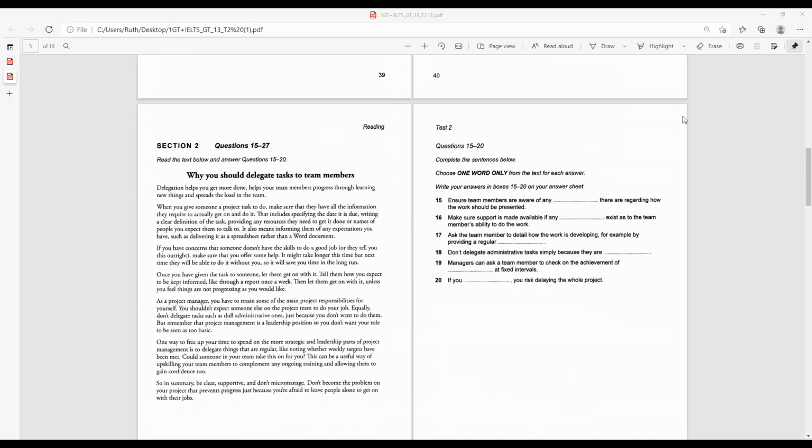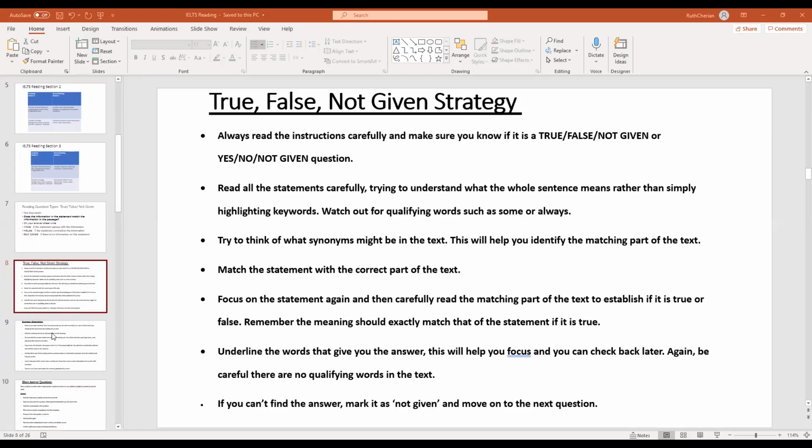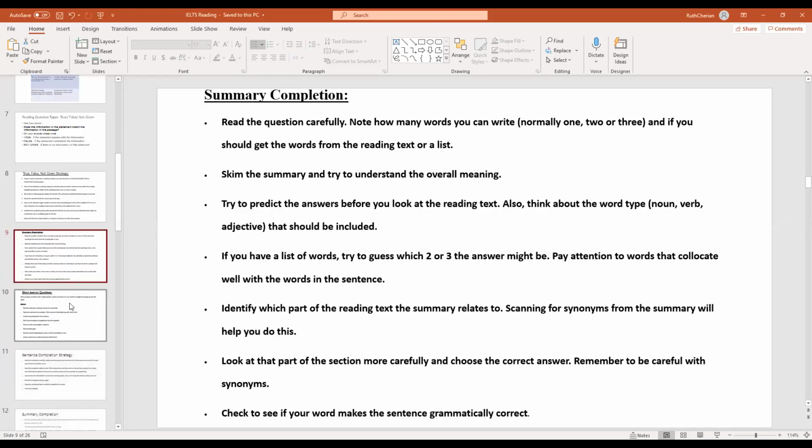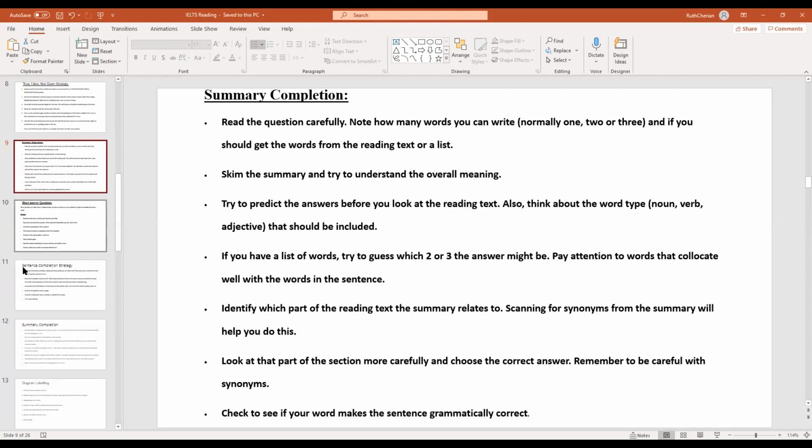So the next question type that we will discuss today is called sentence completion. If you've done PTE, it's just like you fill in the blanks. But here you do not need to arrive at the answer, because you only need to look at the answer from the question.